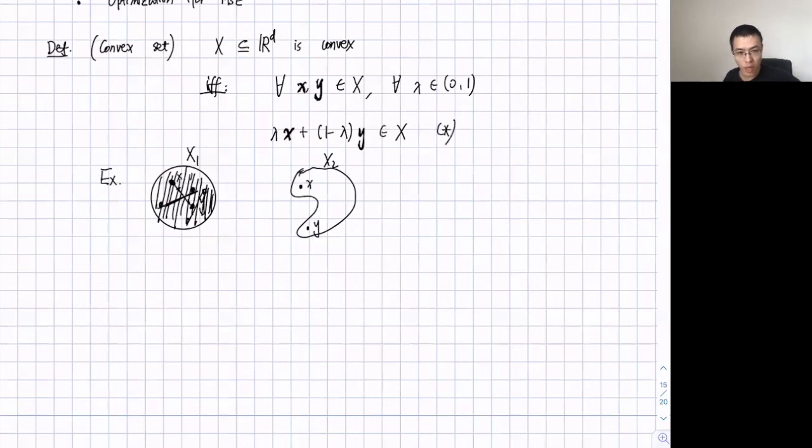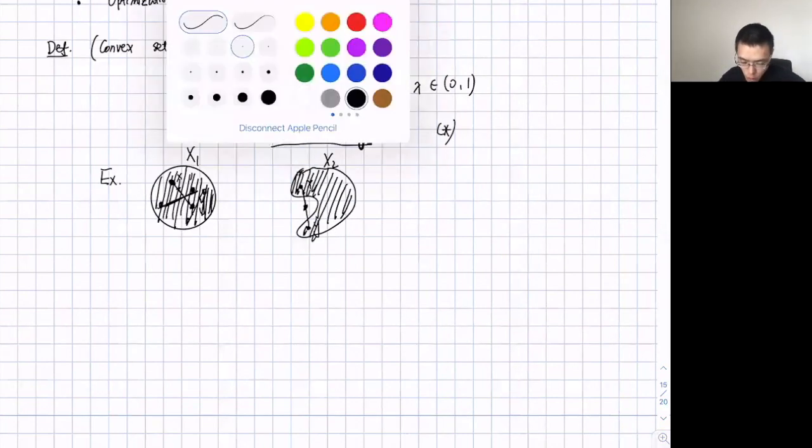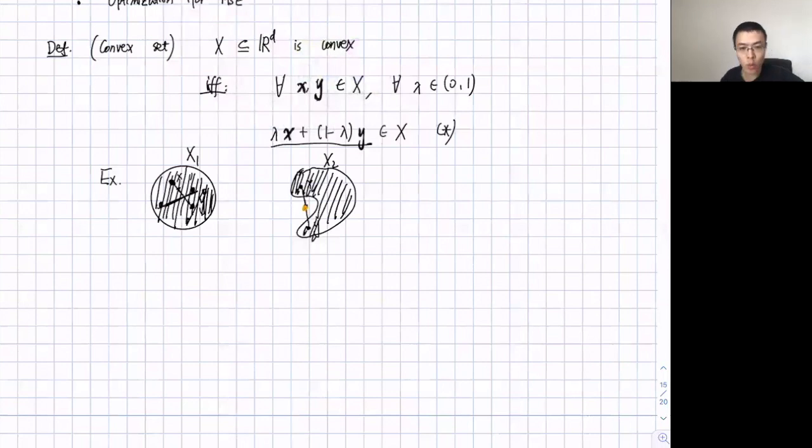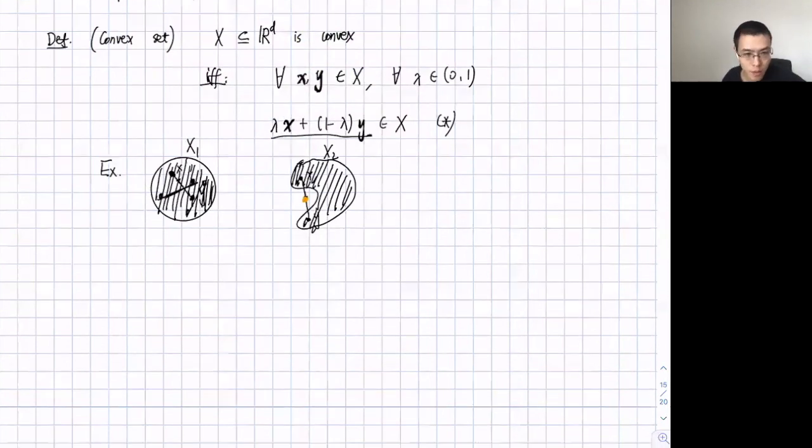So maybe x is here and y is here, and then I choose lambda such that lambda x plus 1 minus lambda y is here. Then if your set is this one, then this middle point is definitely not within your set, so it's not convex.